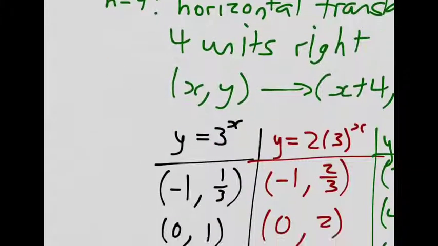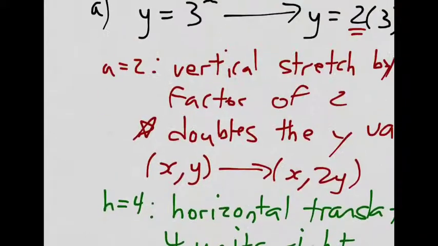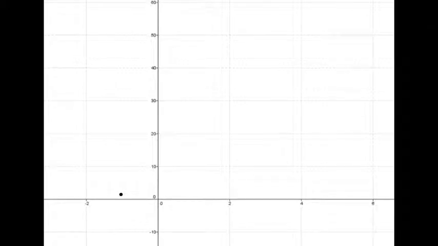Next point, we're going to do 0, 1, and then 1, 3. Very tiny graph. 0, 1 is barely above where we just graphed. And then 1, 3. Nope, do it again.